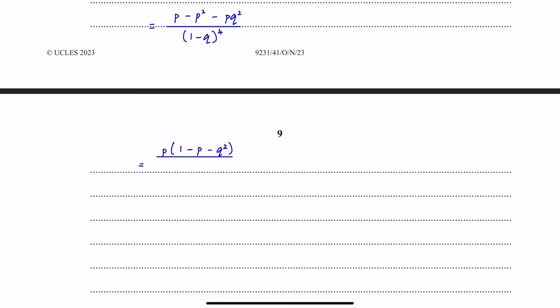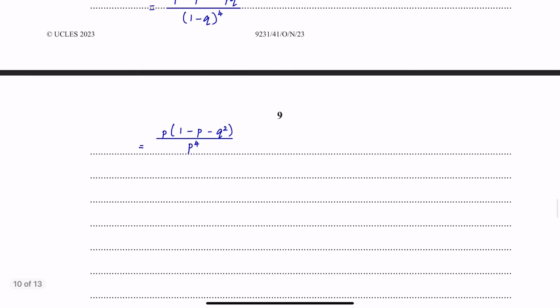And we would have p to the power of 4 in our denominator. So we can cancel this p out. One minus p minus q squared over pq.